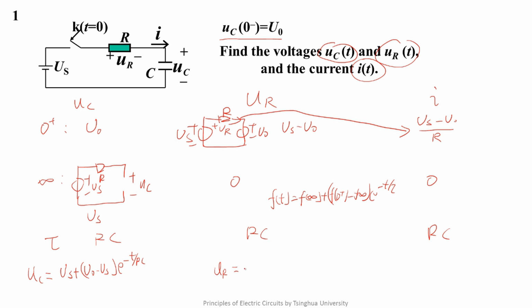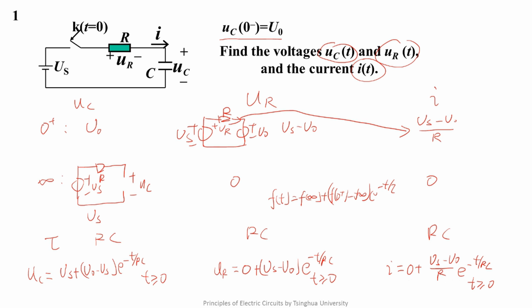UR equals 0 plus (US minus U0) multiplied by e to the power minus t over RC. I equals 0 plus ((US minus U0) over R) multiplied by e to the power minus t over RC. In these expressions, t is greater than or equal to 0.